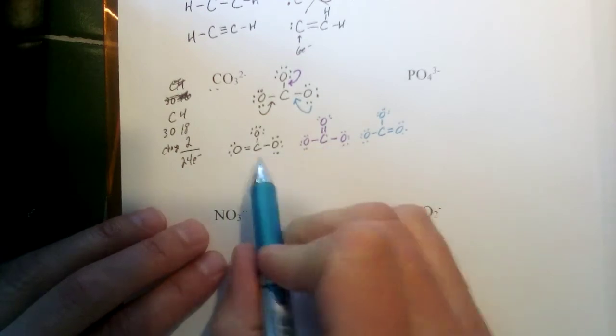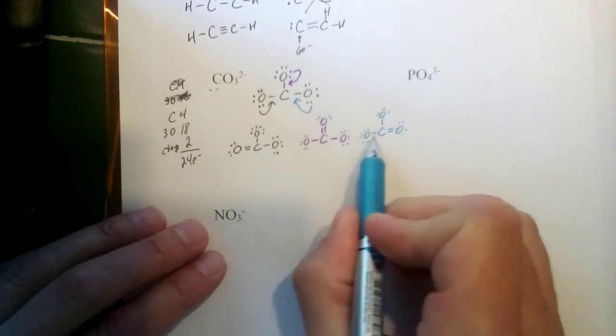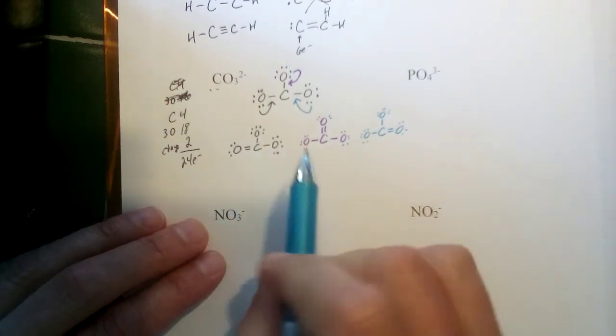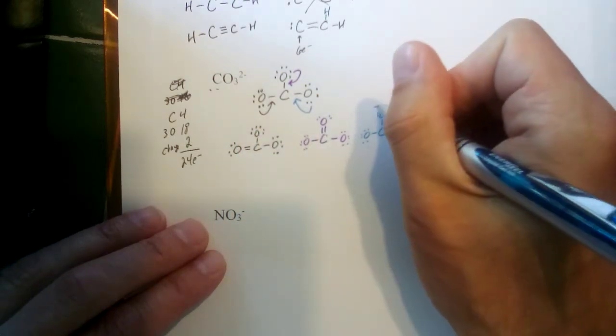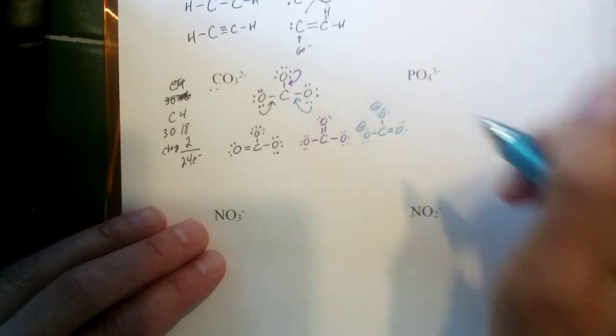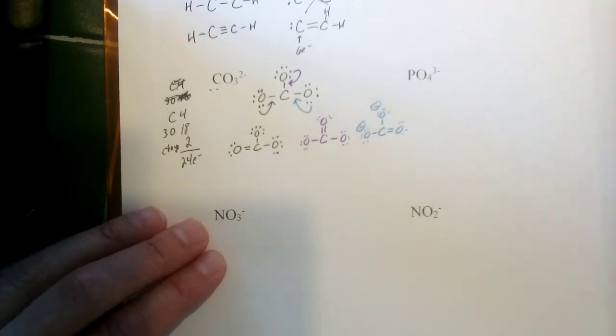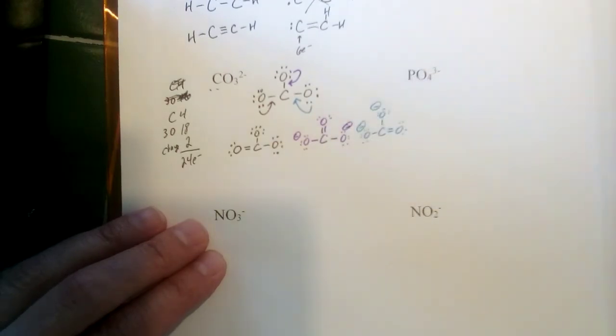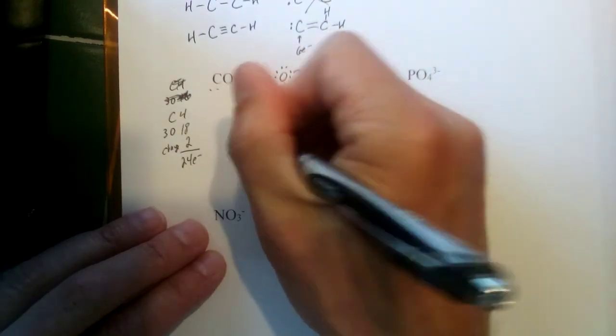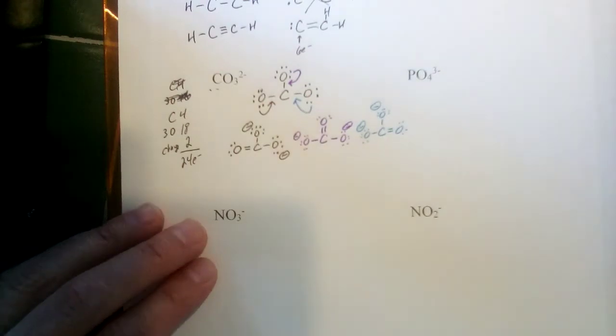Okay, now each of those, we've satisfied the octet for the carbon, and there's a 0 formal charge on the carbon, but the charge distribution is different in these as well. Negative formal charge on the singly bonded oxygens, so the negative charges are in different places in each structure when we go through and calculate formal charge. Okay.